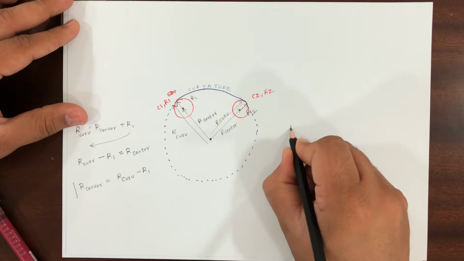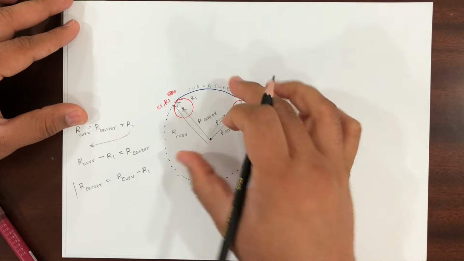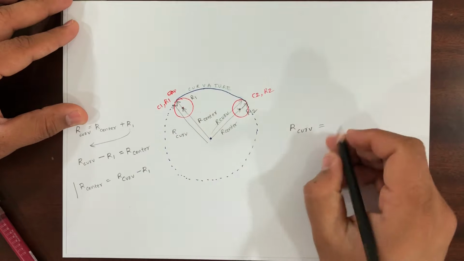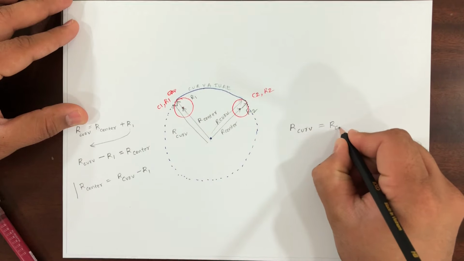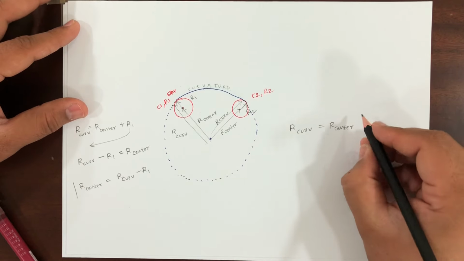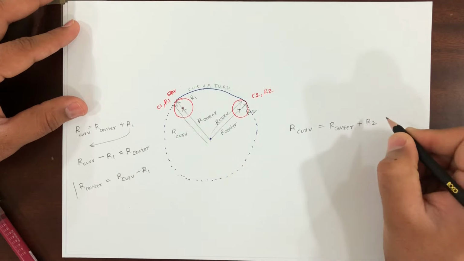So R curvature equal to this total, equal to R center plus R2.